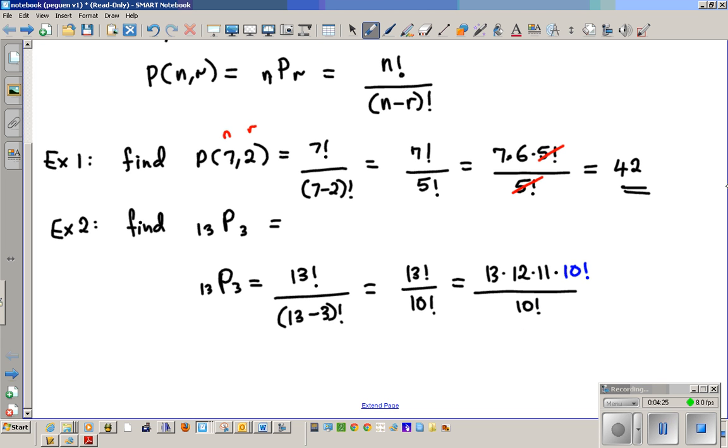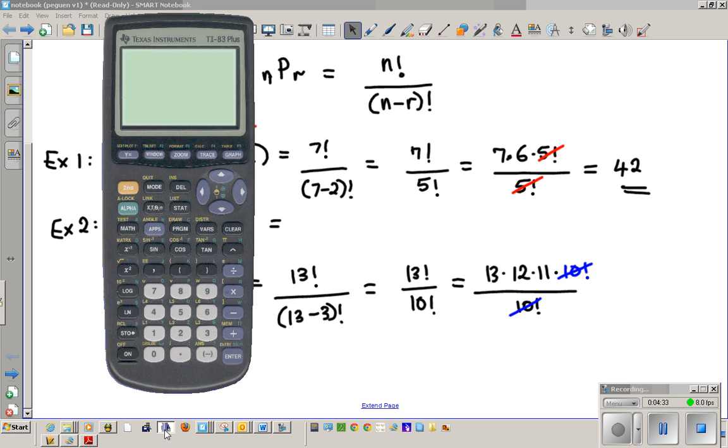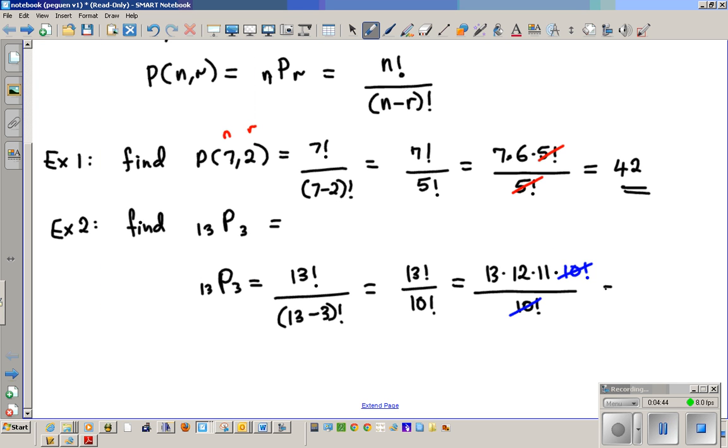These two match, so you just cancel them. And then our answer will be what you get when you multiply 13 times 12 times 11. The answer is 1716. Okay?